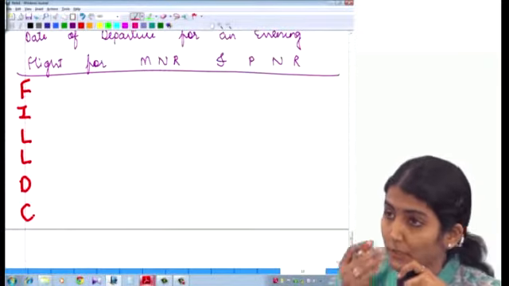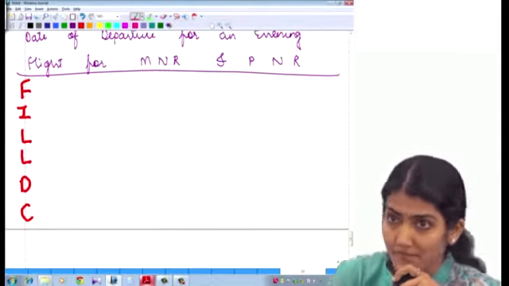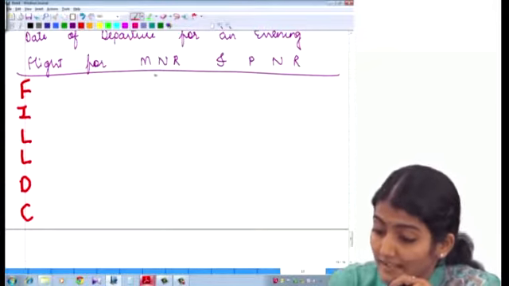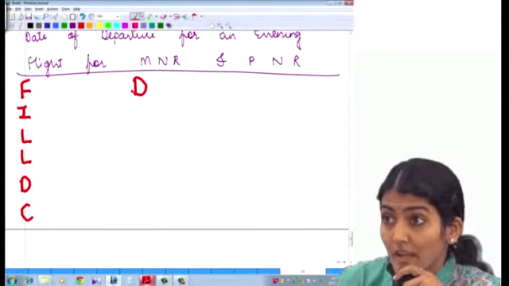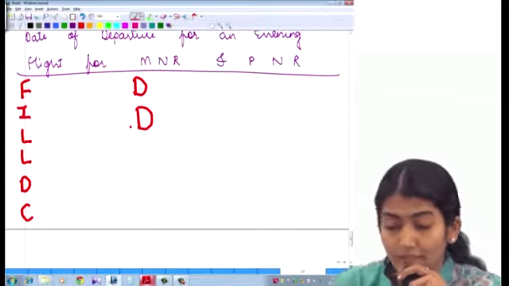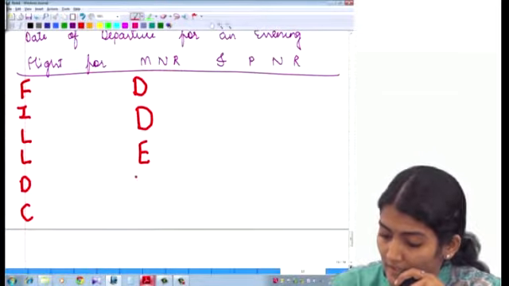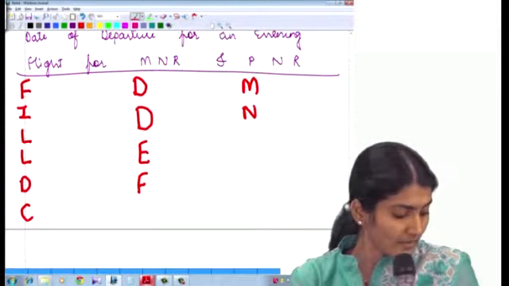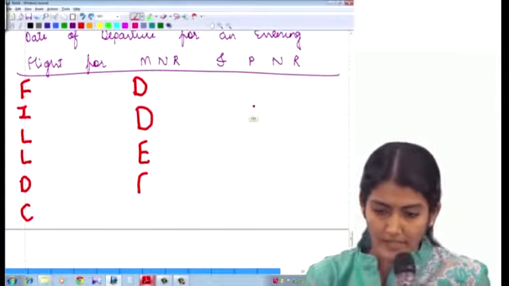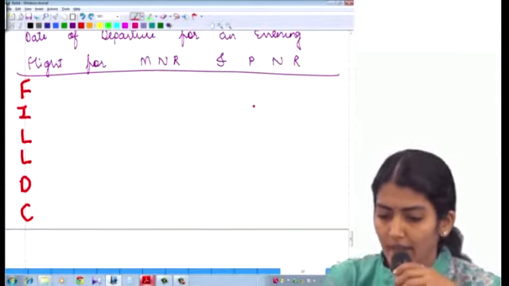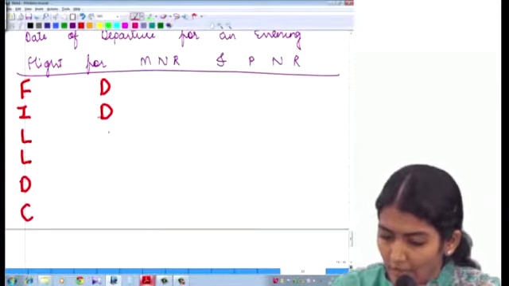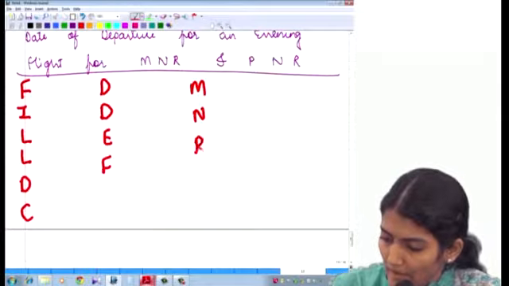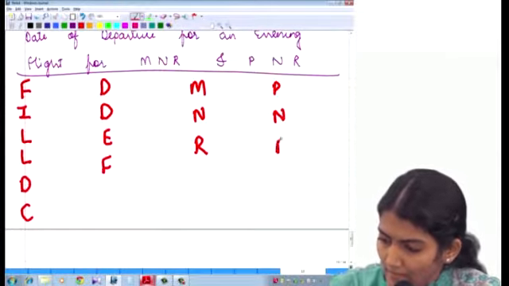So fill in the columns, New English. Fill in the columns regarding the date of arrival and date of departure for an evening flight for MNR and PNR.